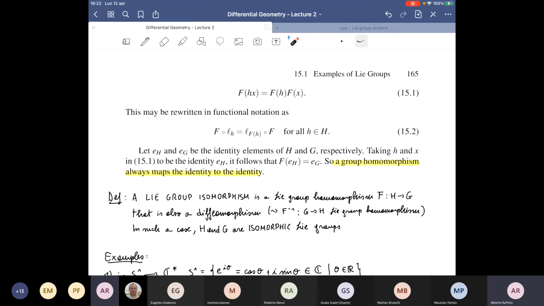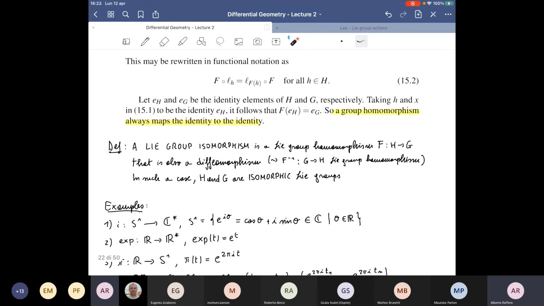So every homomorphism of Lie groups will send the identity element of the first group to the identity element of the second group. From now on, it is customary to denote the identity element of a Lie group by the letter E instead of the symbol 1, as I did before.